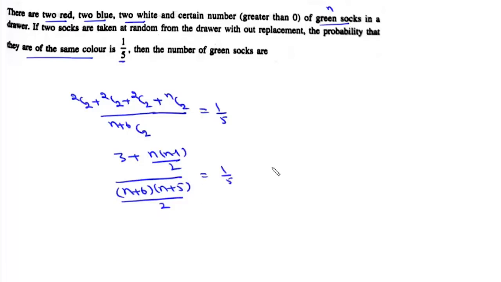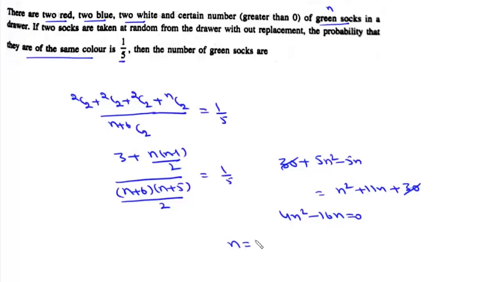Now this is 6 and 5 into 6 is 30 plus 5n square minus 5n, and it will be equal to n square plus 11n plus 30. Now 30 will cancel. We can write this as 4n square minus 16n equals 0. So value of n here is simply 4. And that is the answer to this question.